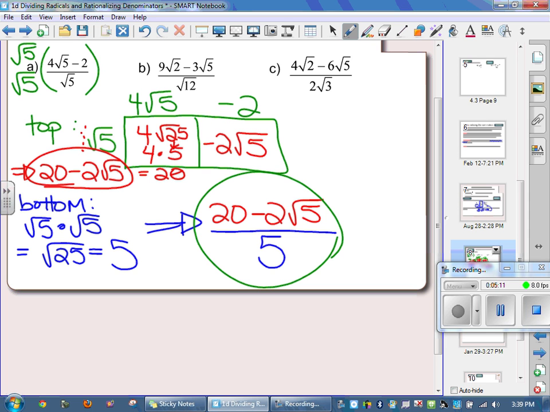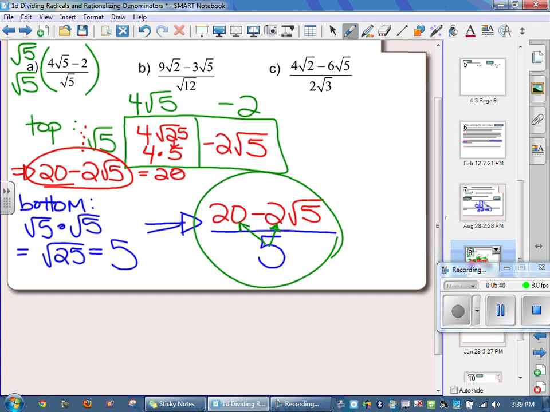Now, I know it's in simplest form because I'm going to check a couple of things. The 5 does not have a radical with it. He's a constant. Because he doesn't have a radical, he can only divide into the terms that do not have radicals. So he can divide into the 20 and the 2. Now, do I do the dividing if he only divides into the 20?